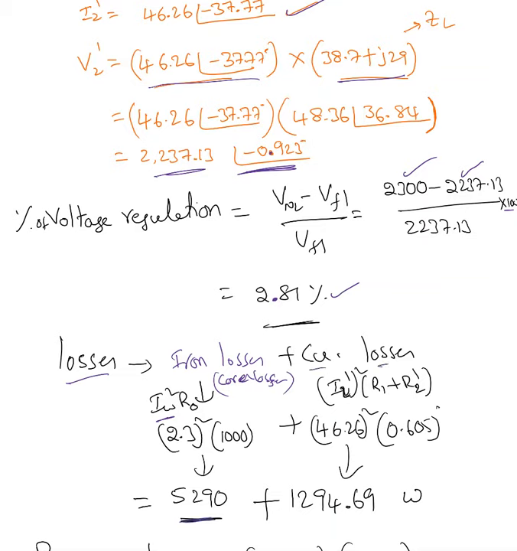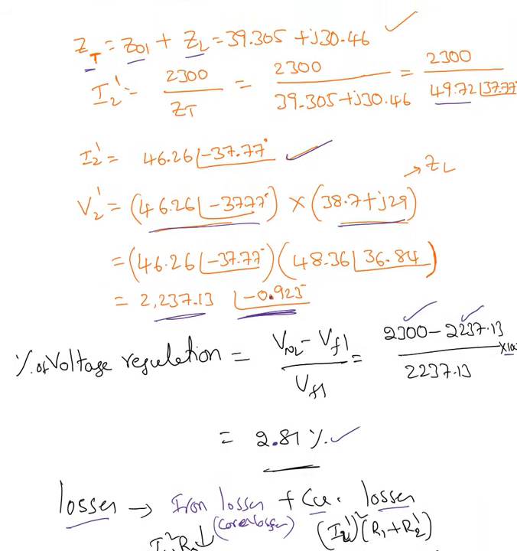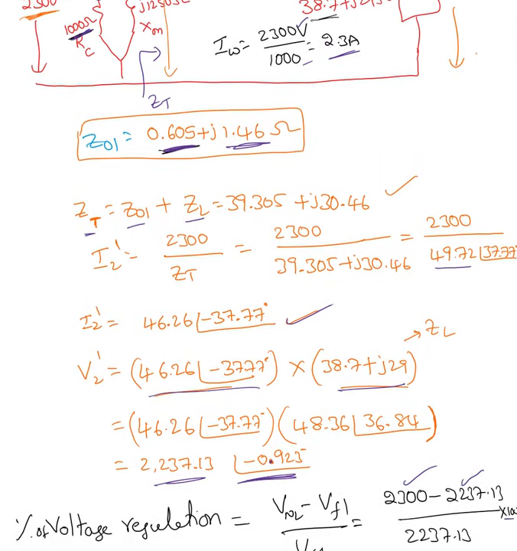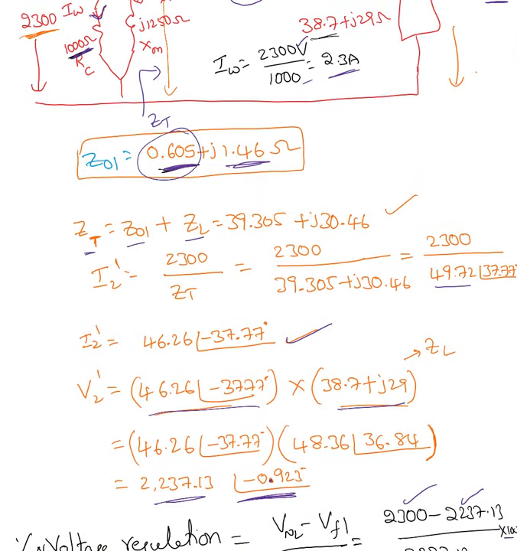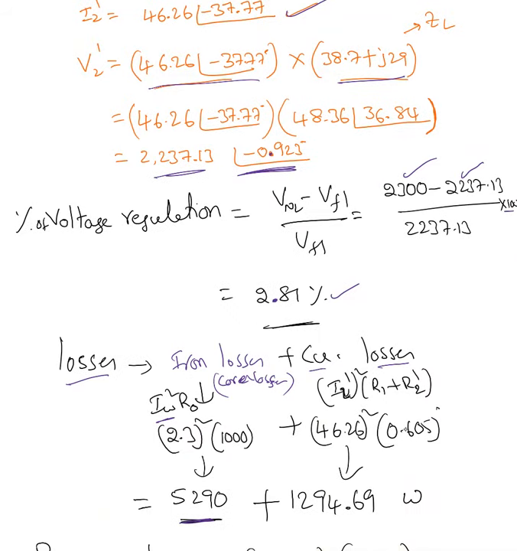Copper losses always happen in the copper wire, so in the winding. So it's I2 prime squared times R1 plus R2 prime. I end up with 46.26 squared, and the resistance of that whole winding is 0.605, which is the resistance I used.